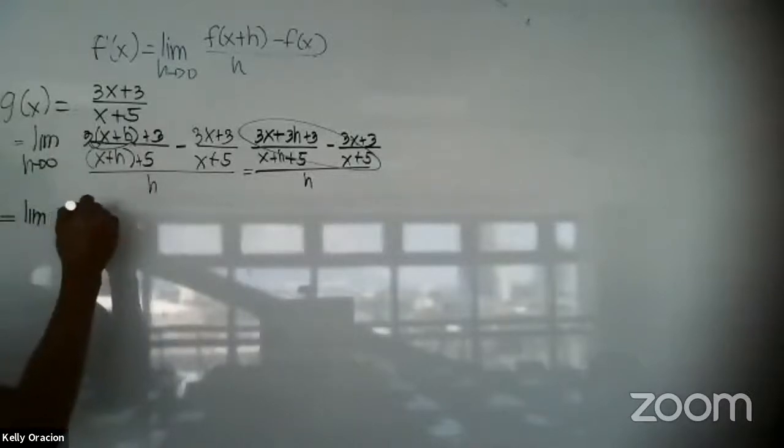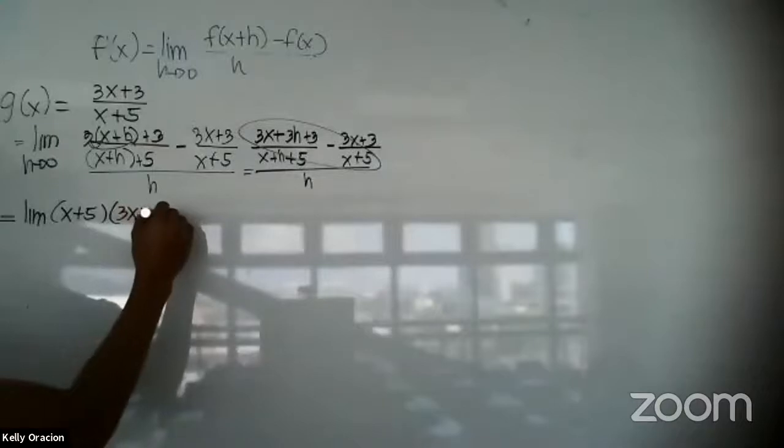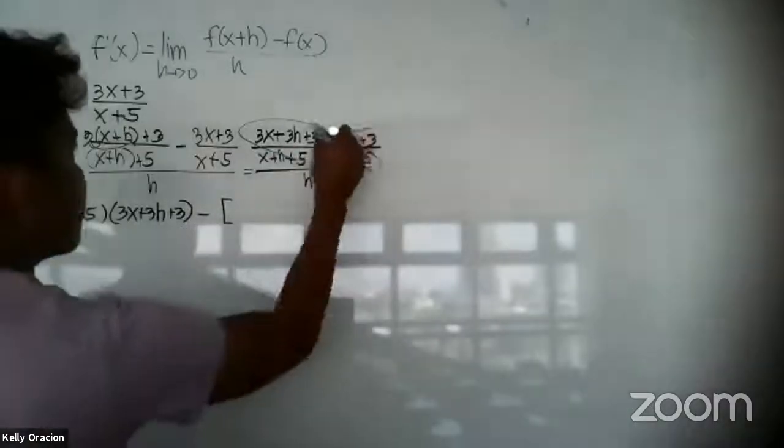So you have here x plus 5 times 3x plus 3h plus 3 minus bracket, multiply.